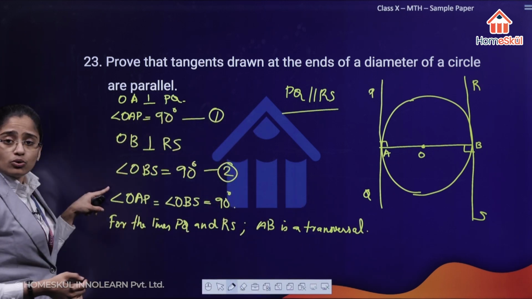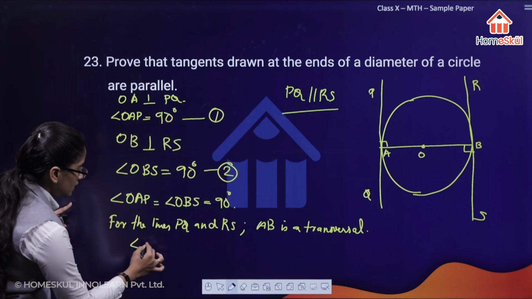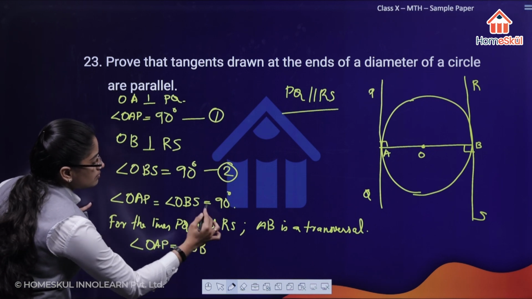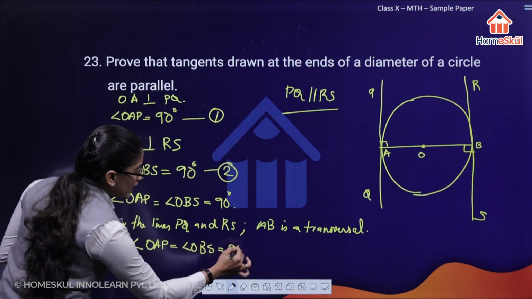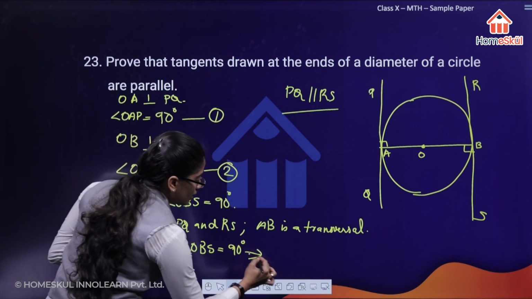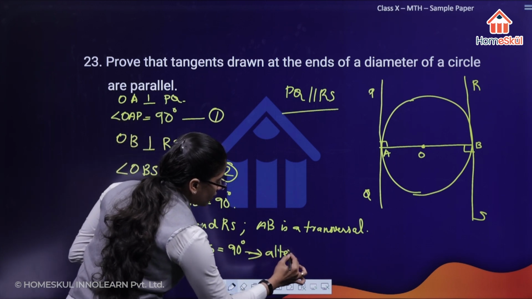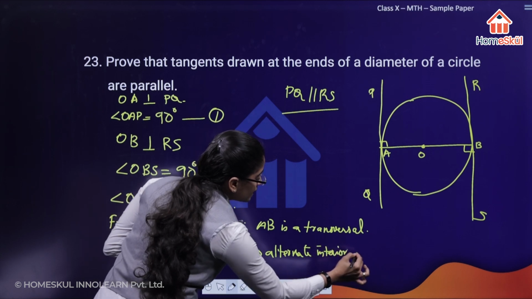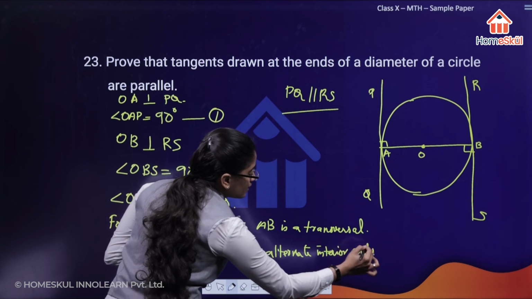From 1 and 2, we are getting angle OAP equal to angle OBS equal to 90 degrees, which means alternate interior angles are equal.